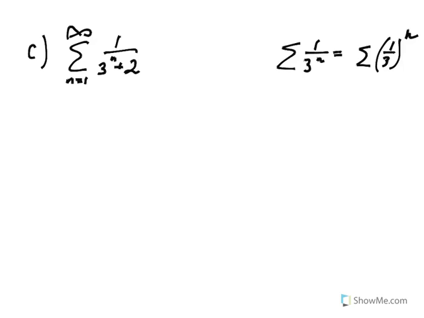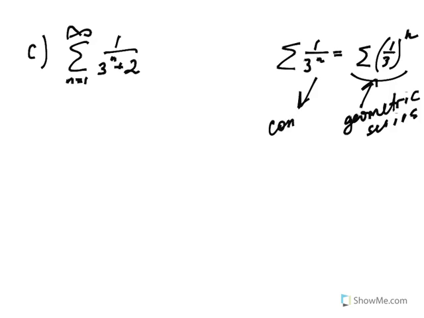Now, I don't know if you recognize it, but this is a perfect example of a geometric series. Now, we know that in a geometric series, when your ratio is between -1 and 1, in our case it's 1/3, then your series converges. So this series converges.